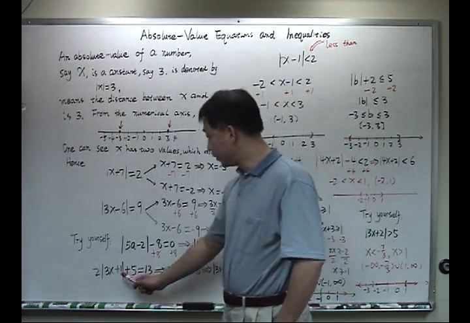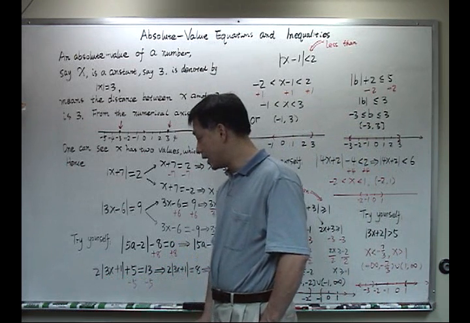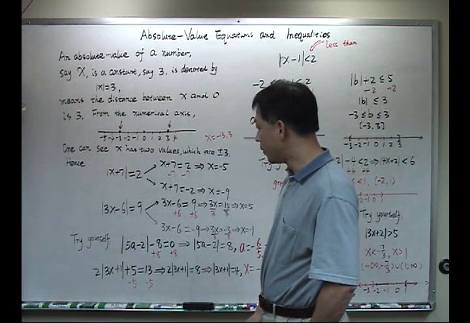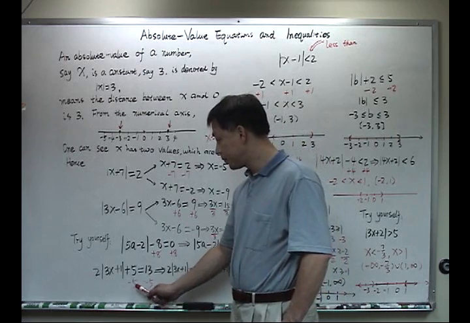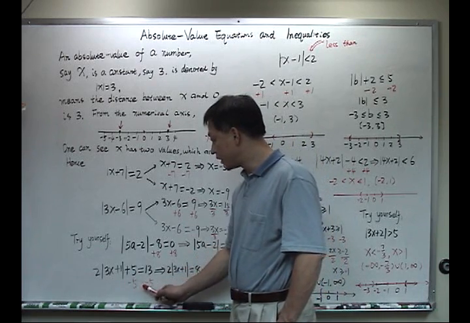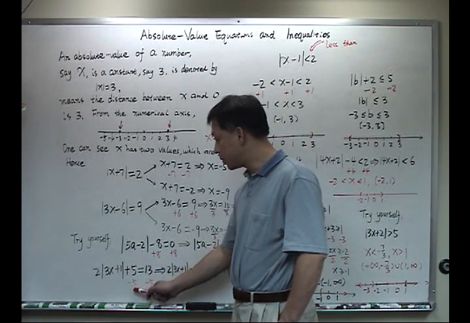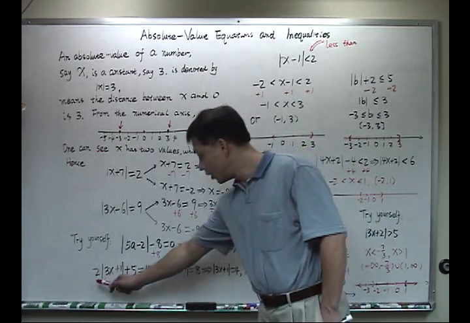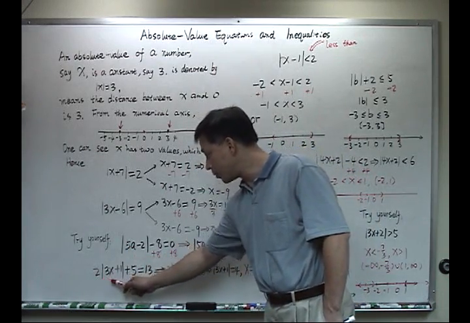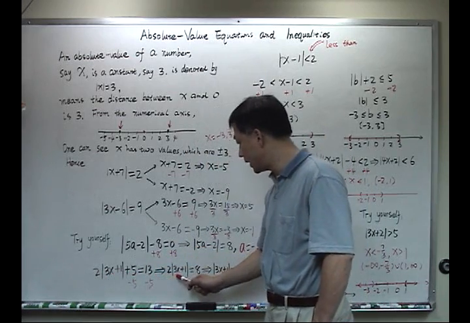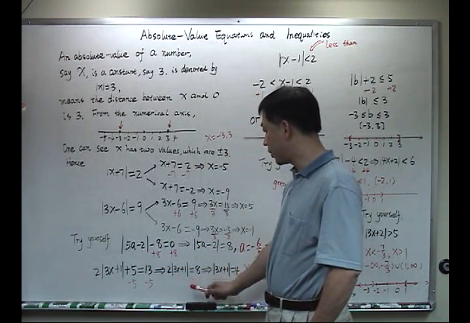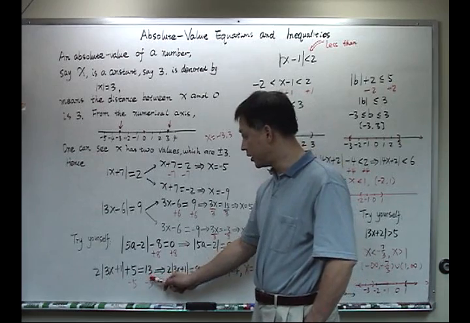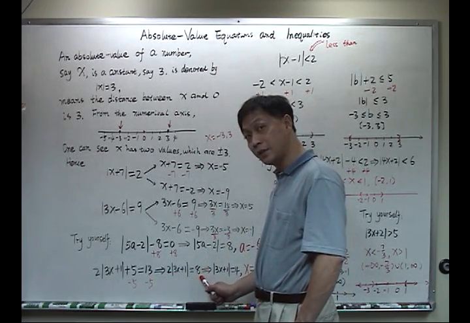This one looks a little bit more complicated. What you want to do is subtract 5 on both sides, so the positive 5 cancels. Then you get 2 times absolute value of 3x plus 1 equals 8, because 13 minus 5 is 8.